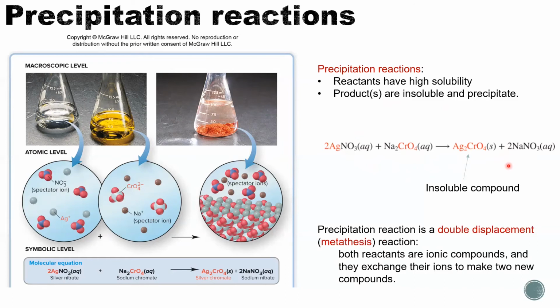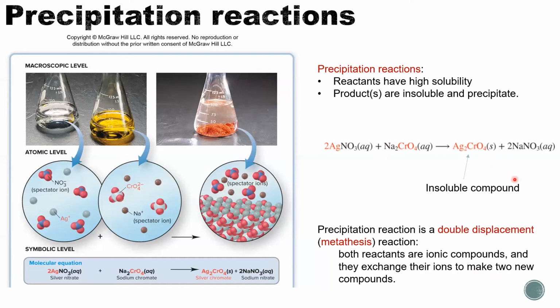So a precipitation reaction, because of that exchanging of the ions, is a double displacement reaction or metathesis reaction. For a double displacement reaction, both reactants are ionic compounds, and they exchange their ions to make two new compounds, as shown here.